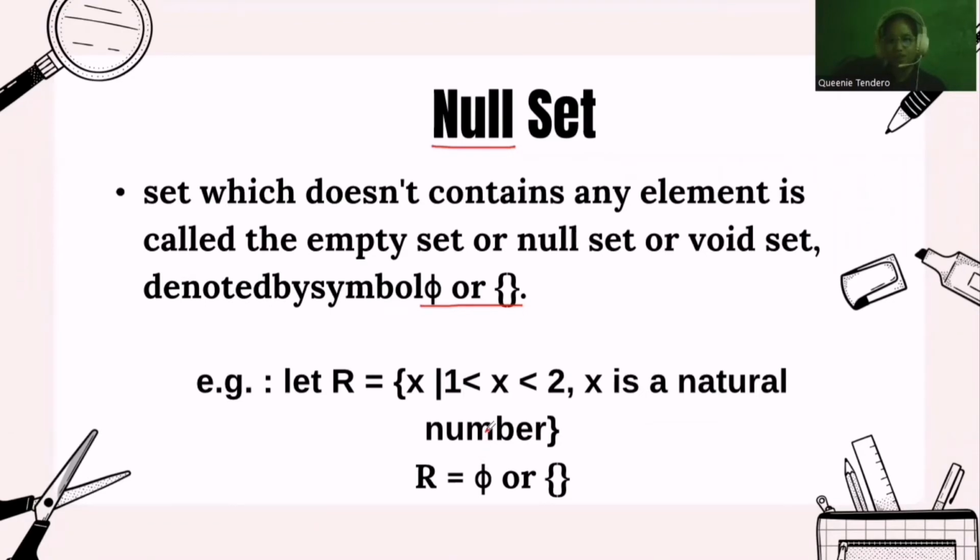Can anyone give me a natural number between 1 and 2? Yes, Miss Dote? Very good. There is no natural number between 1 and 2. So that means our set R is an empty or null set.